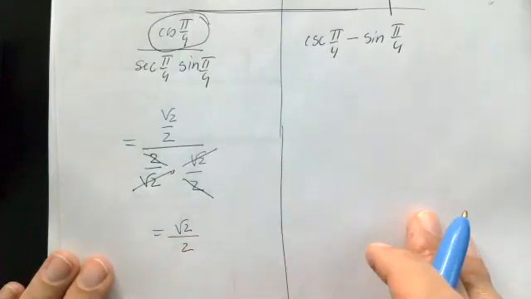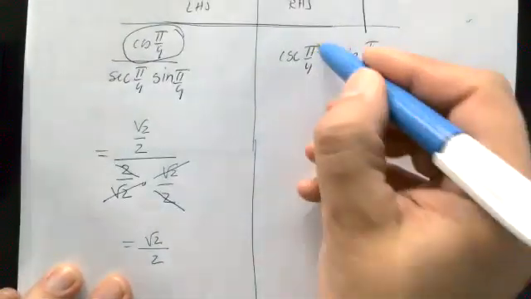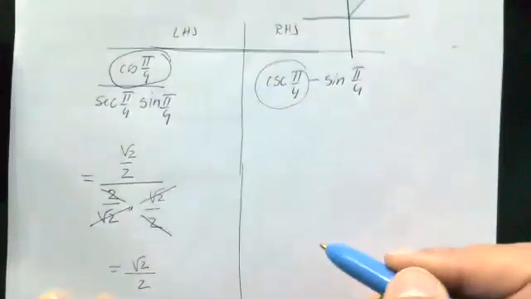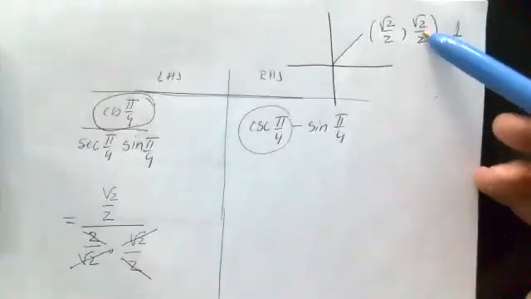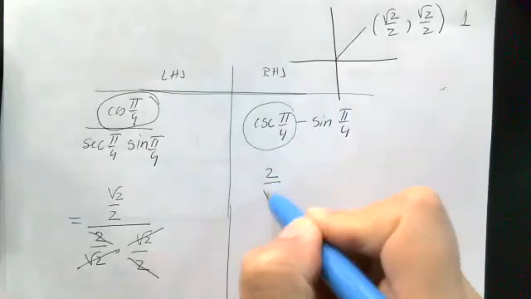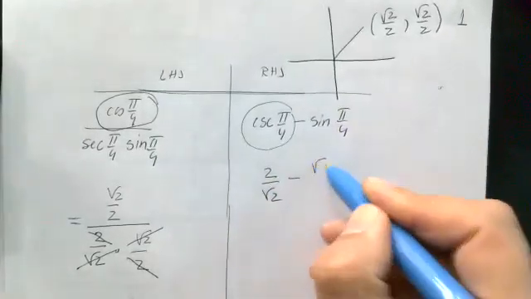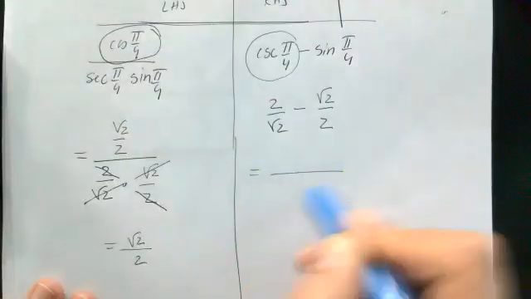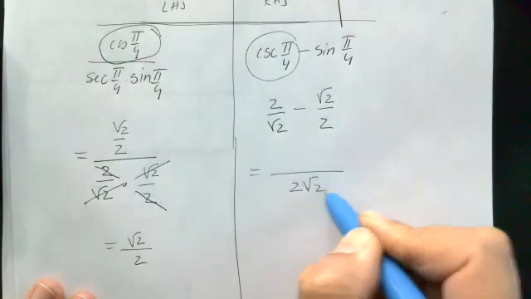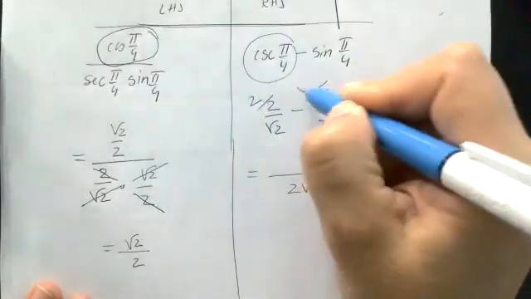That's the value we get from the left-hand side. Now we have to get the same value if we want to prove it on the other side, doing the same method. First, we know the value of cosecant of pi over 4, the reciprocal of sine, right? So 2 over square root of 2 minus the sine value, square root of 2 over 2. Same denominator, 2 square root of 2, amplified by 2, amplified by square root of 2.